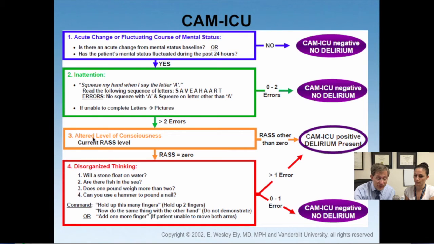And then at that point, if your RASS score is abnormal, you have delirium. But as Dina's going to talk about in a little bit, you can have patients that have a normal RASS scale score and have evidence of disorganized thinking, and they have delirium. So that's how you can get it, either this way or getting this and this way.